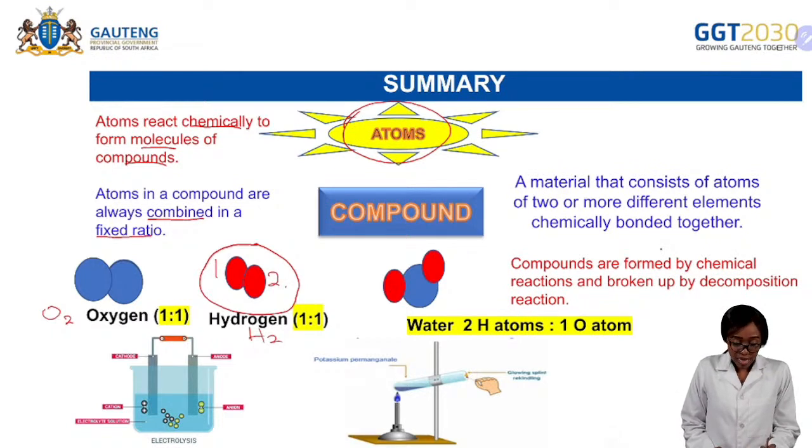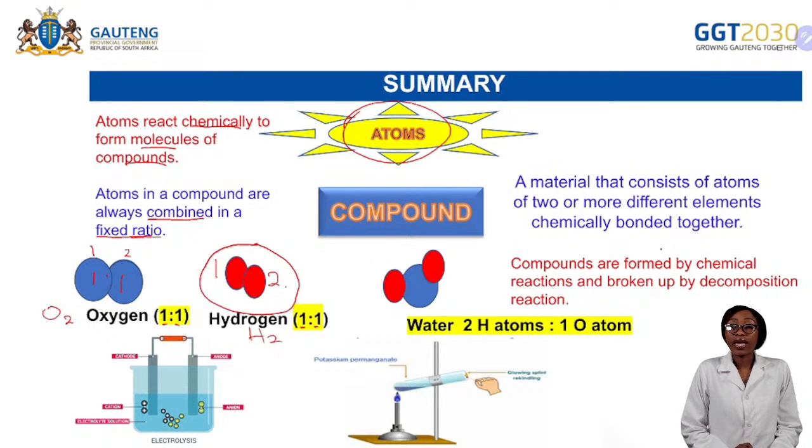So we say that the ratio is 1:1. Same applies to the oxygen molecule. The ratio is 1:1 because we have two atoms bonded together, atom 1 and atom number 2. So it is 1:1.